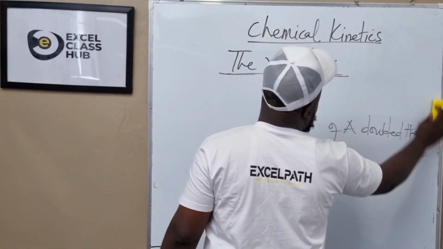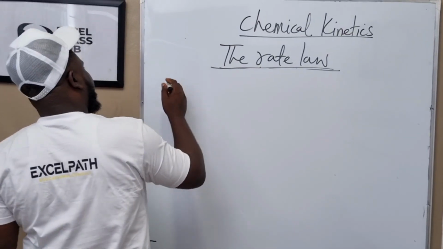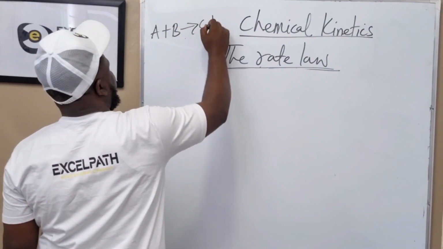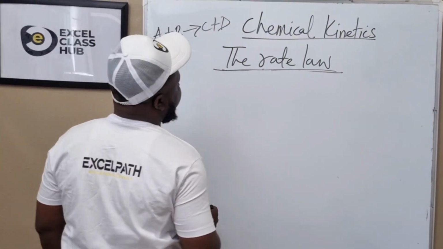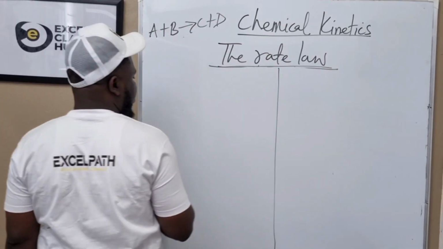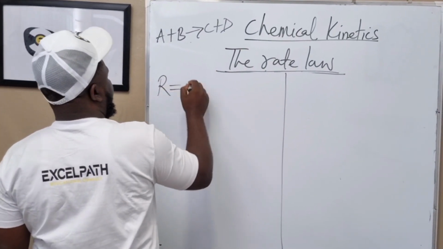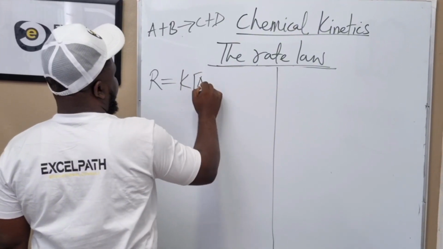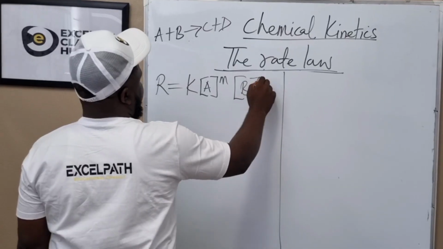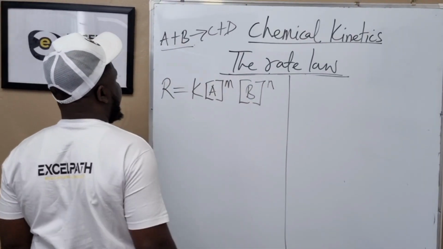Since the reaction was A plus B to give C plus D, the rate law expression becomes R is equal to K, concentration of A raised to power M, concentration of B raised to power N. You are seeing A and B here because in the reaction, what we have is A plus B.